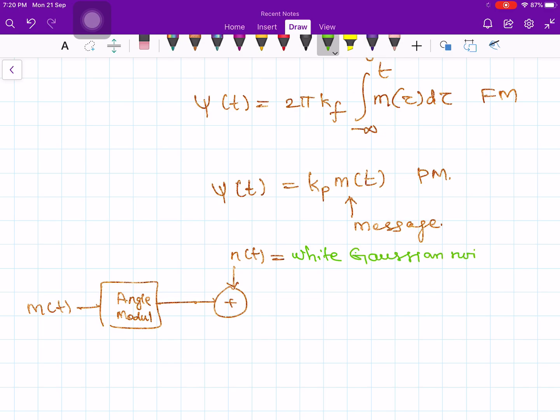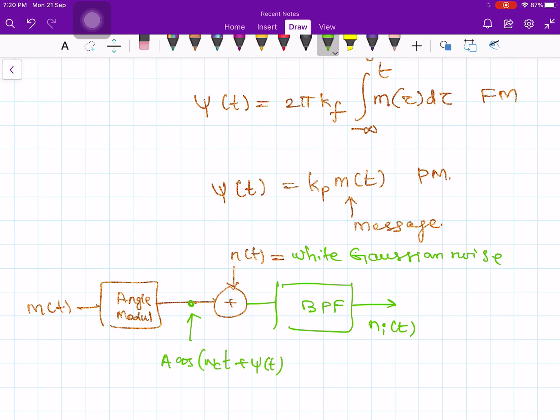And this n of t is given to the band pass filter. Output of the band pass filter, let me denote by ni of t. And at this point, what signal do you get? This is going to be A times cos of omega ct plus psi of t at this point. So both are getting added.